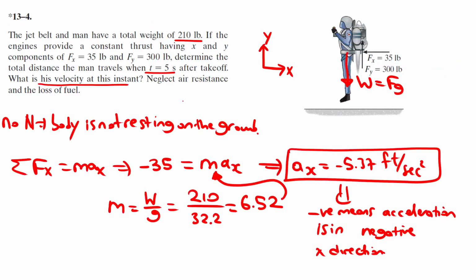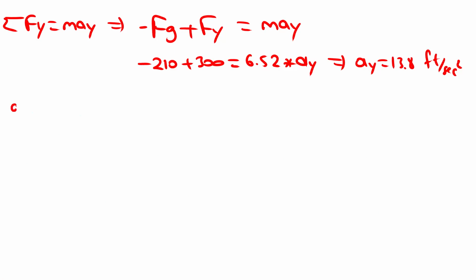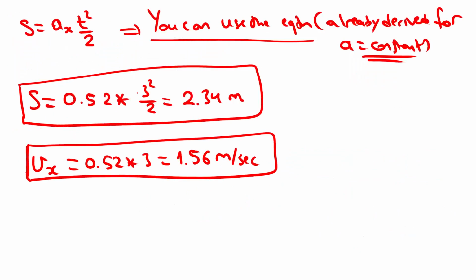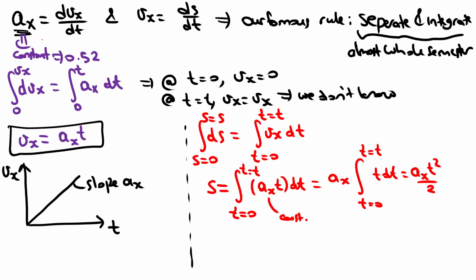Then the question comes: what is the velocity at 5 seconds? So at time 5 seconds, it asks for the velocity. The procedure is very similar to this one. I will just integrate the acceleration with respect to time.